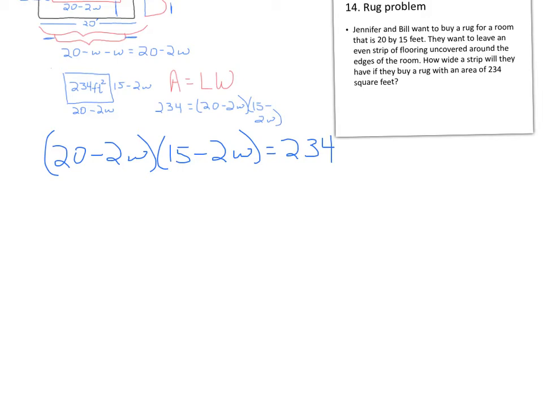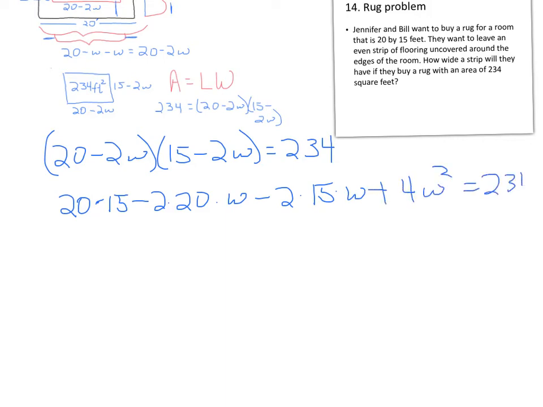Now I'm going to use FOIL, and I get 20 times 15 minus 2 times 20 times W minus 2 times 15 times W plus 4W squared equals 234. And to clean that up a little bit, I know that 2 times 20 times W is going to be 40W, and 2 times 15 times W is going to be 30W, and so when you combine these it's going to be 70W.